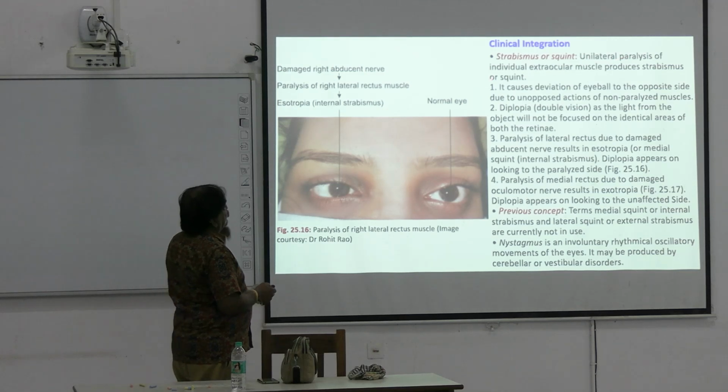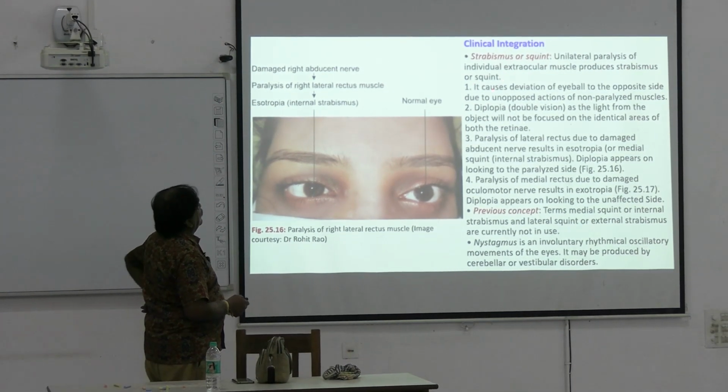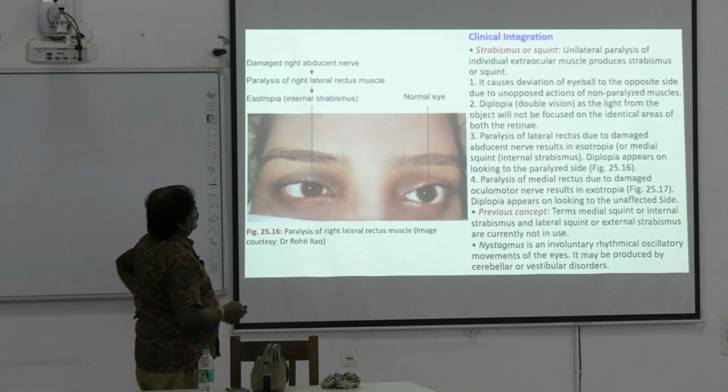Unilateral paralysis of individual extraocular muscles produces strabismus or squint. It causes deviation of the eyeball to the opposite side due to unopposed action of the non-paralyzed muscle. Diplopia, double vision, occurs as the light from the object will not be focused on the identical areas of both retinas.